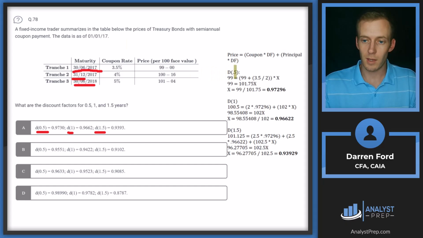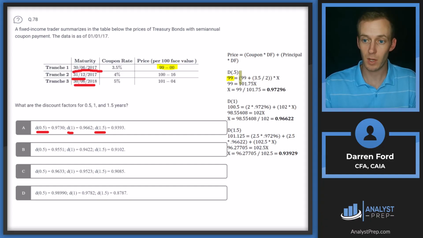So for the 0.5 discount factor, we've got a price of 99.0. So that's going to be 99 equal to our principal times discount factor plus our coupon times discount factor. I just did this one as one whole parentheses here, but you could break it out more.